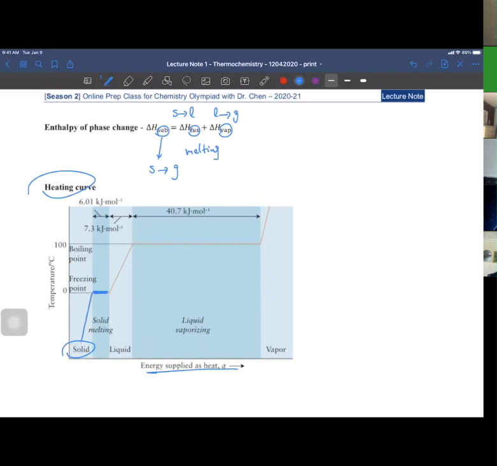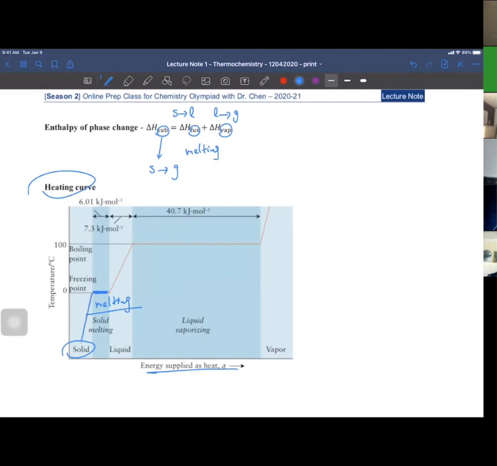This is the process of melting, or the fusion process. So you may need to think about why during this process, the temperature does not change with heat. That's because the heat is used to overcome the intermolecular forces here, right? So this is why there will be a flat stage with no temperature increase.